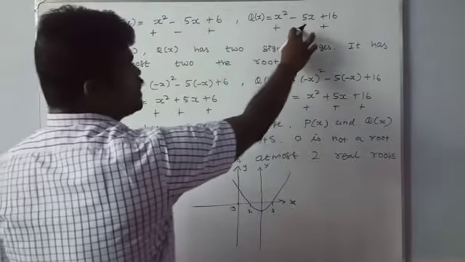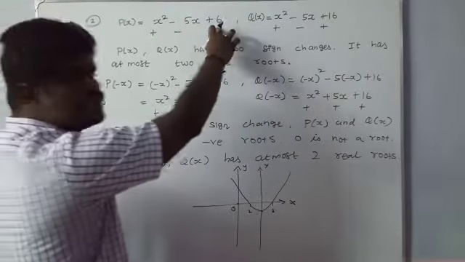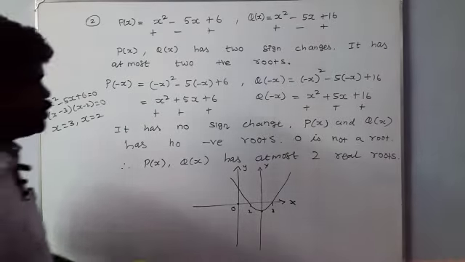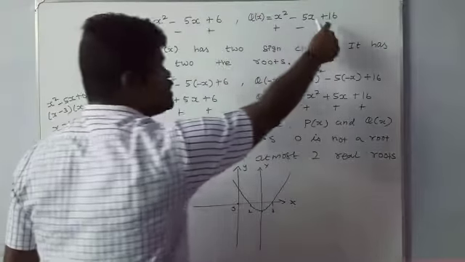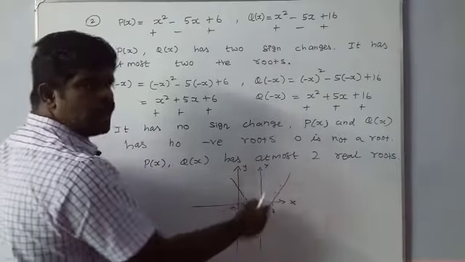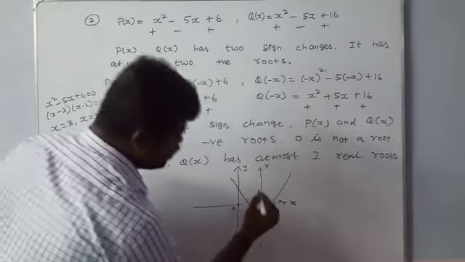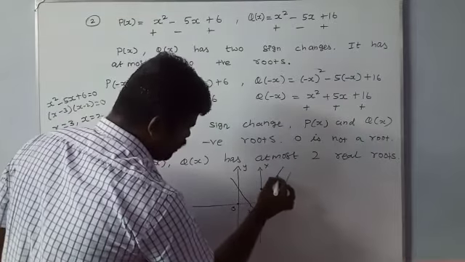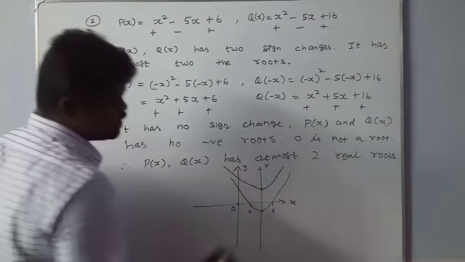This is the same equation, but the difference is the constant only, 16. Suppose this is 6 and this is 16; the constant 6 must be here and the constant 16 a little bit upward here. So we want to draw this one.